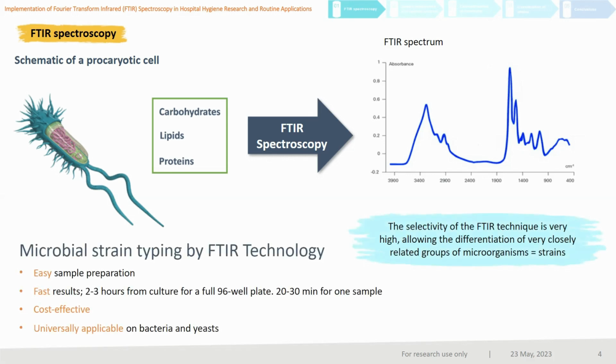This characteristic enables us to differentiate between closely related microorganisms, and therefore we can identify specific bacterial strains. This process involves simple and rapid sample preparation and is universally applicable to bacteria and also yeasts.